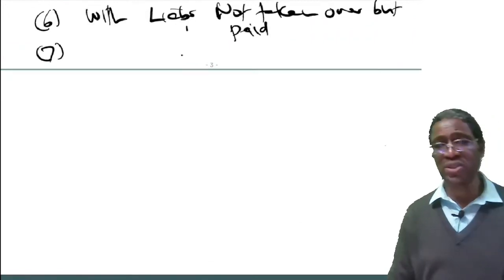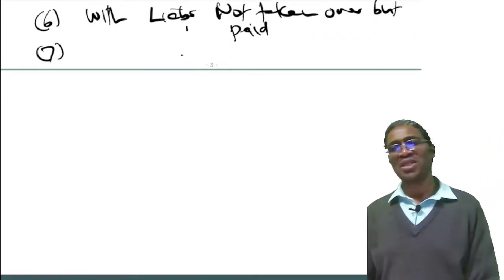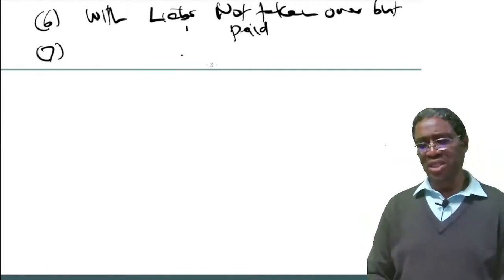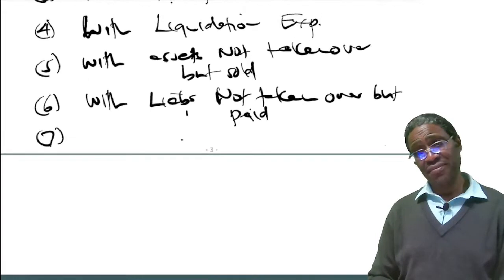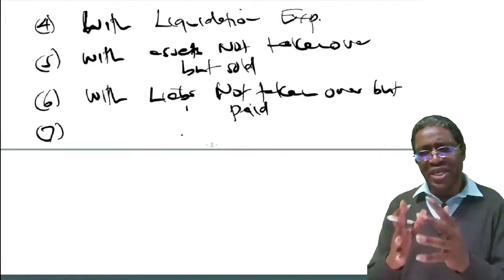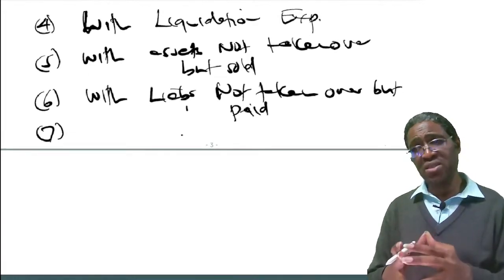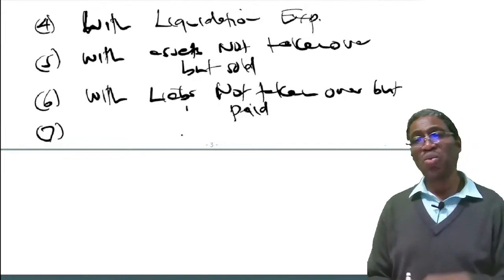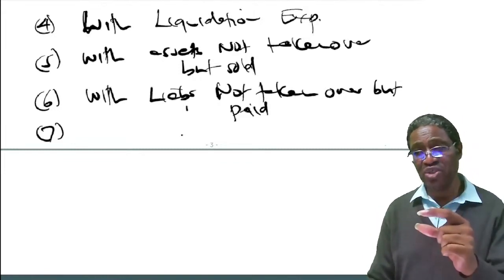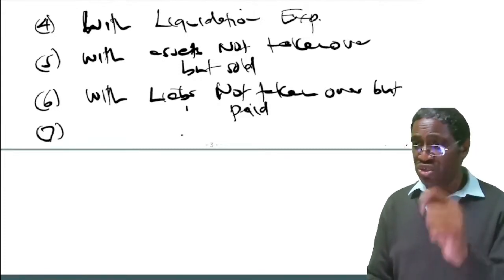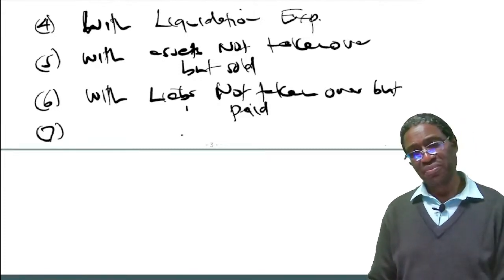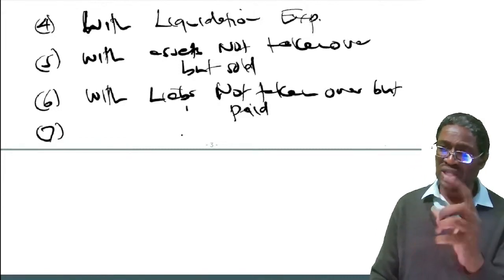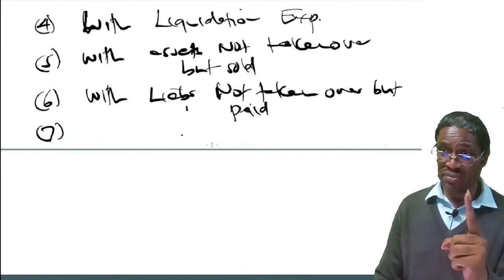Now, another point, listen to this. Number 7. I told you when I began that we are liquidating company A. And whenever a company is liquidated, all the stakeholders of that company should be paid what is due to them. Now, one group of stakeholders are the ordinary shareholders.